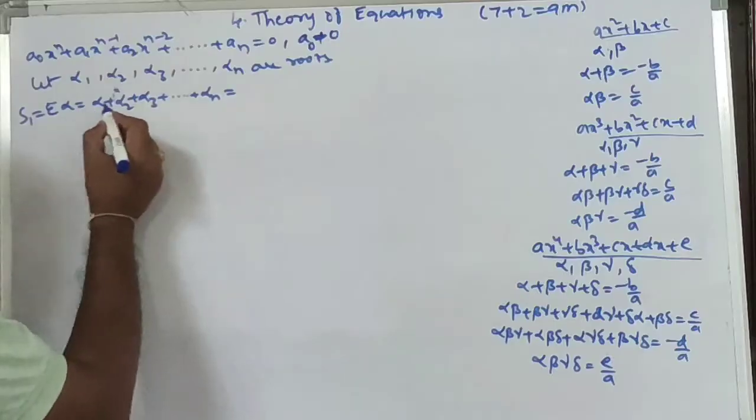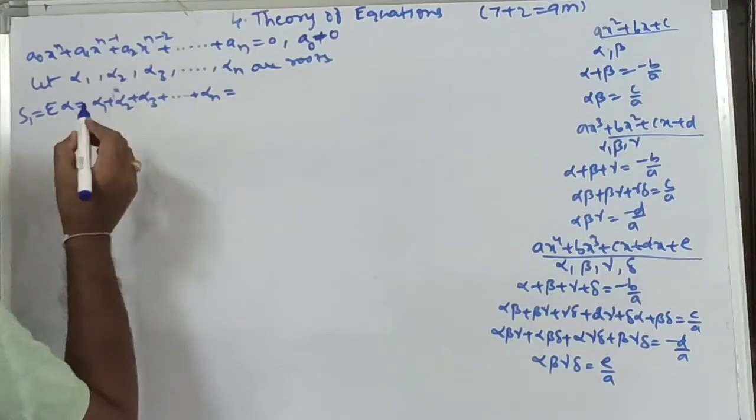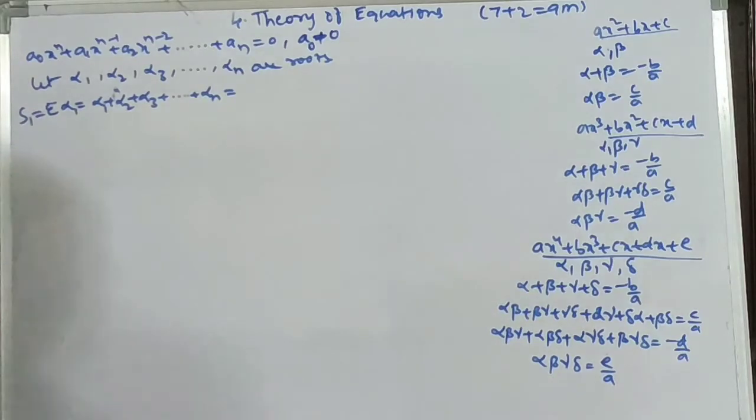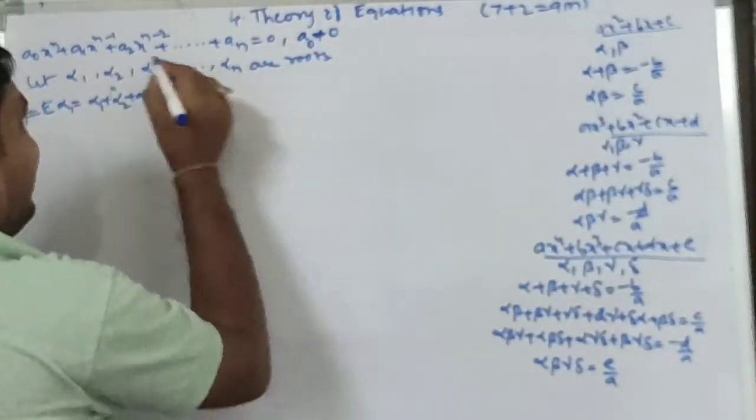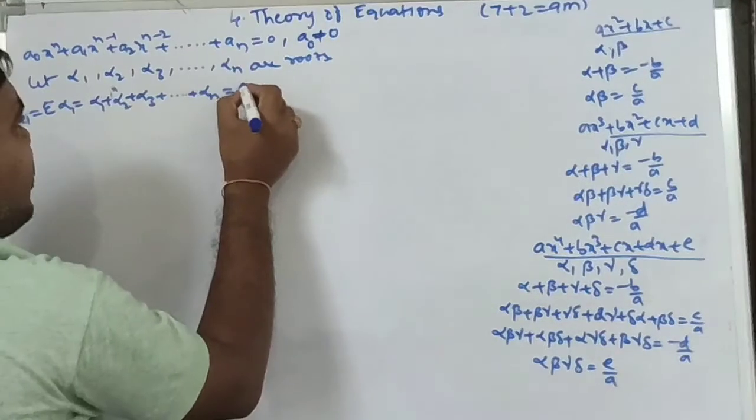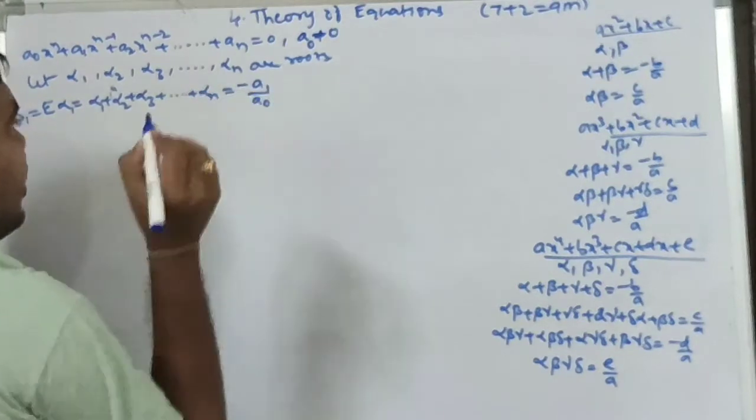Sigma alpha 1 equals minus the second highest power coefficient, minus a1 by a0.